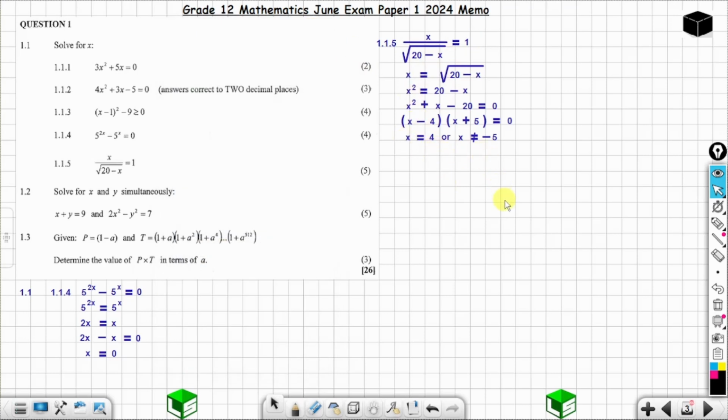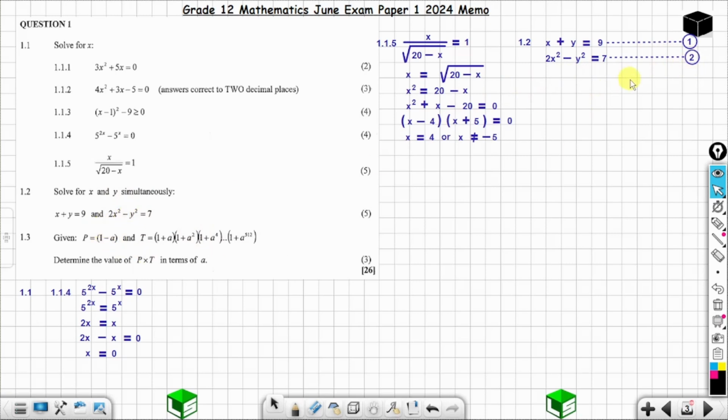Okay, now question 1.2. Solve for x and y simultaneously. Okay, 5 marks. So we are going to call this equation number 1, and we are going to call this equation number 2.